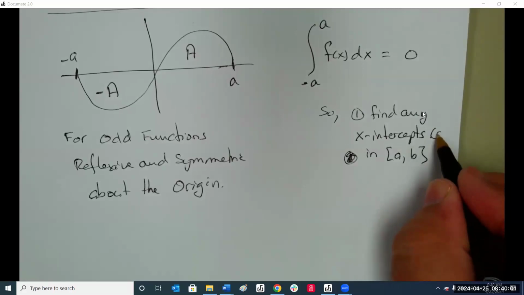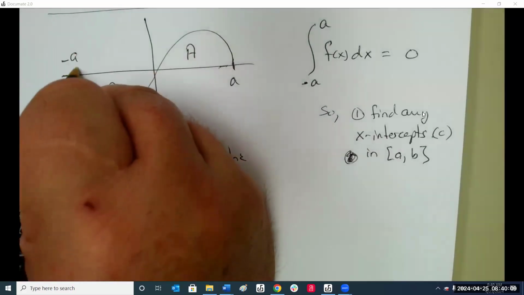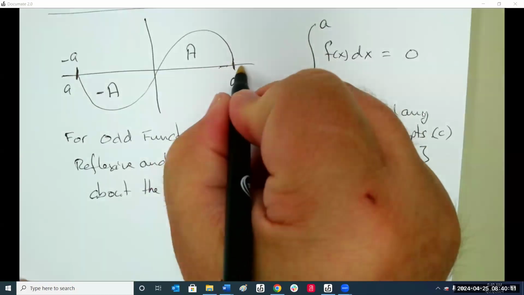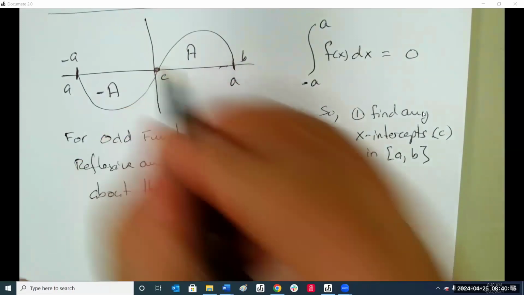We'll call the x-intercepts c. What we have here is the first point is a, the second point is b, and where it crosses the x-axis, we call that point c.